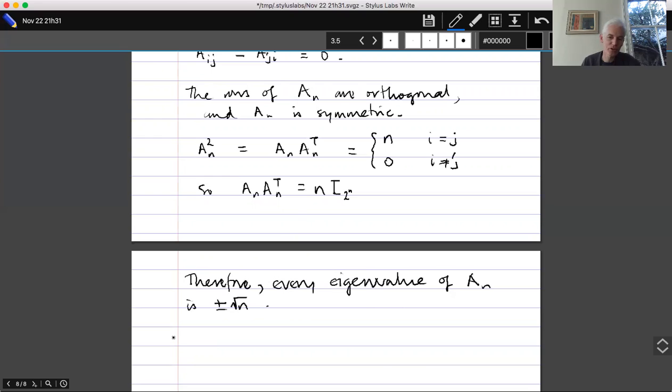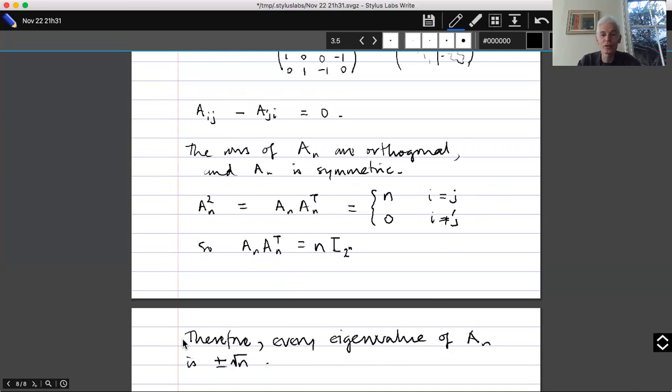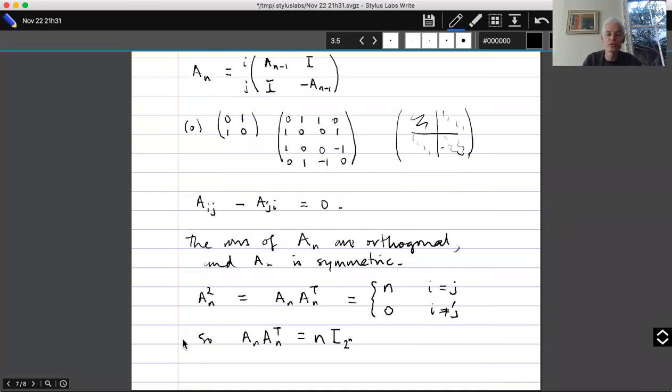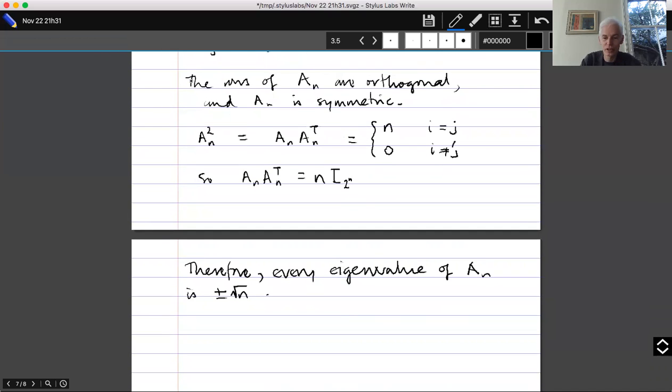Now, what can we say about the multiplicity of these eigenvalues? Actually, we can say exactly what it is by a very simple observation, which is that another inductive argument shows that the trace of AN is 0. It's just got zeros down the diagonal. This has got zeros down the diagonal, that's got zeros down the diagonal, so AN has got zeros down the diagonal by induction.